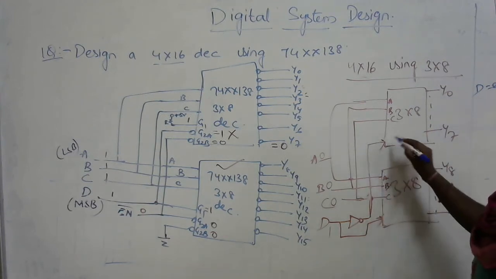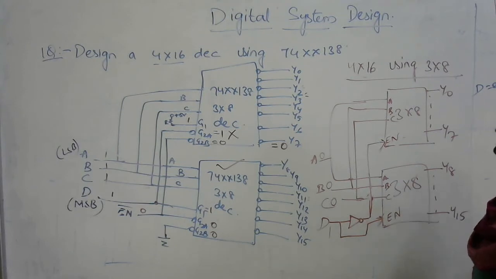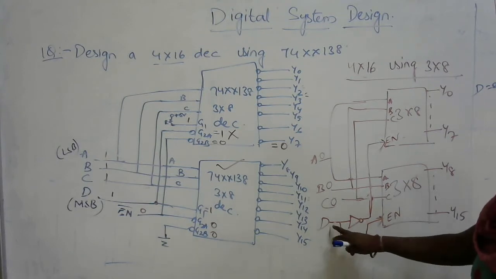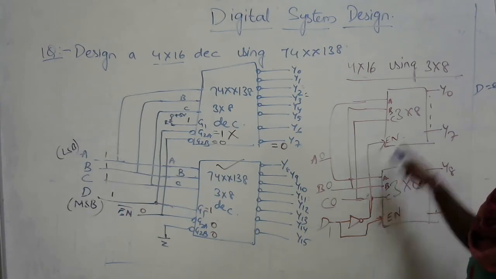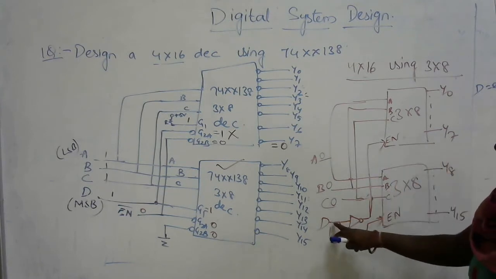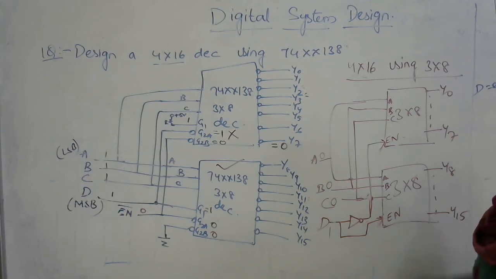As both decoder circuits have an active high enable pin, I am taking the next most significant bit, which is the D bit. For the first decoder circuit, I am connecting D through a NOT gate, and for the second decoder I am connecting it directly.